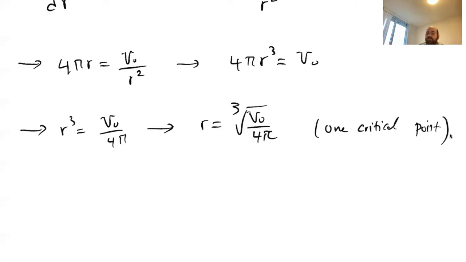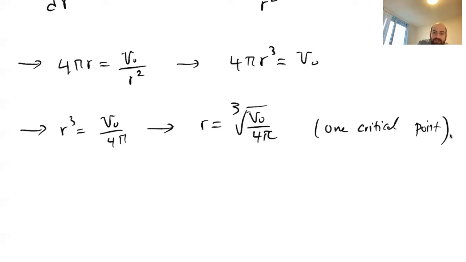Well, this gives us the hope that maybe the function has one local extremum, because remember, every local extremum must be a critical point. So we cannot have more than one local extremum, because if we had two local extrema, then we would have at least two critical points.